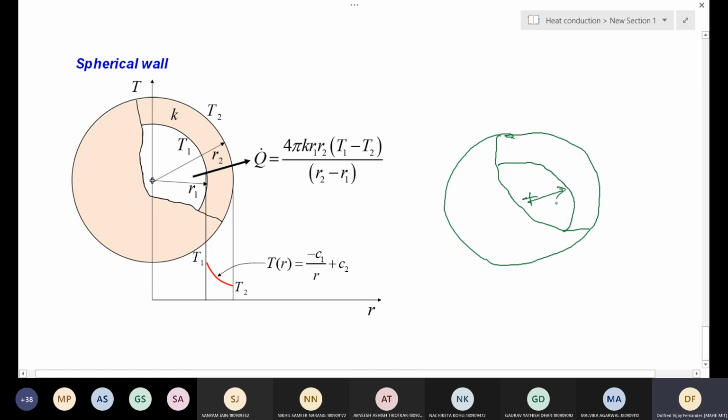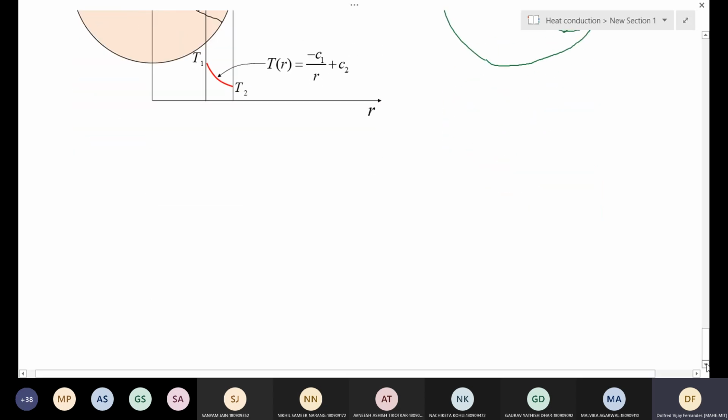So this is R1, R2. We have the rate of heat transfer in the radial direction. Temperature inside is T1 and temperature outside is T2. Again, the material is homogeneous and thermal conductivity remains constant. This assumption is made. To calculate the rate of heat transfer, use the Fourier law.